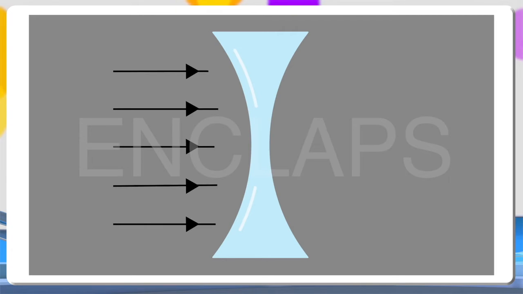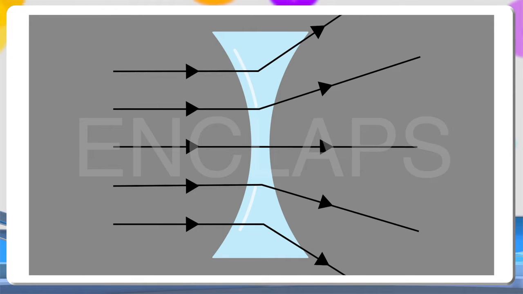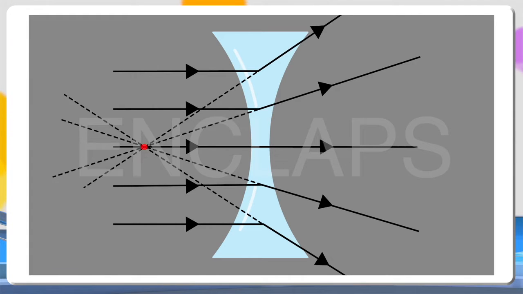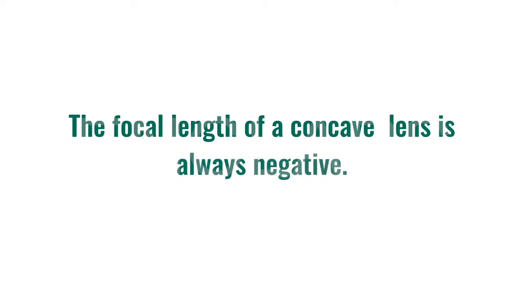In case of a concave lens, the rays incident from the left side will diverge and appear to originate from the principal focus on the left side. So, the focal length is to be measured from the optic center to the left. That's why the focal length of a concave lens is always negative.